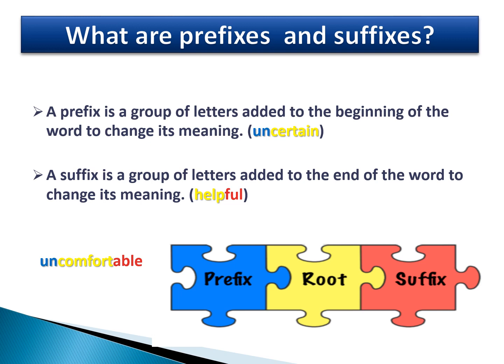And as we mentioned in our last lesson, a word is just like a puzzle. It can be all the pieces together as uncomfortable, or it can be two pieces together, a prefix and a root, like uncertain, or a root and a suffix like helpful.